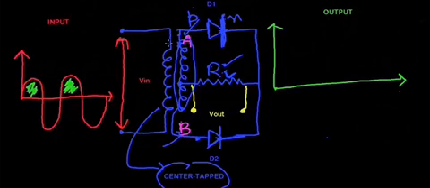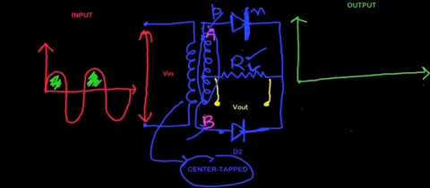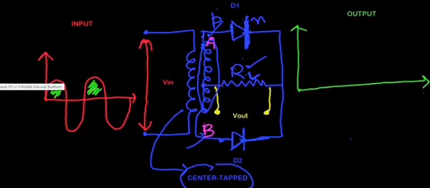That's why we say this is our center tape transformer. These two diodes working here and the center tape transformer are responsible for the conversion of an AC voltage into a full wave output.